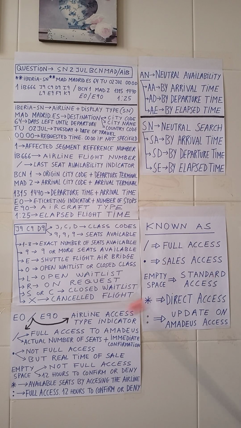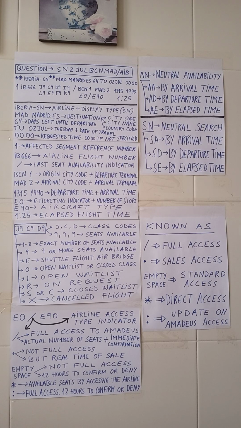If a blank space appears instead of the bar, it means that the communication with Amadeus is not permanent and the airline has 12 hours to confirm or deny the requested seat. The type of access that is represented by the blank space is called standard access.